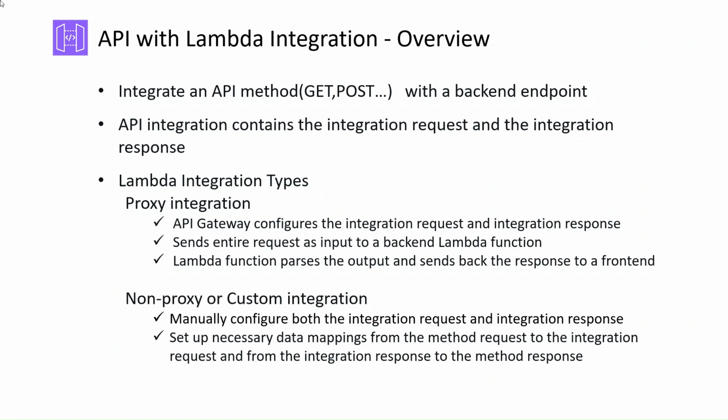The input to the Lambda function can be expressed as any combination of request headers, path variables, query string parameters, body, and API configuration data.